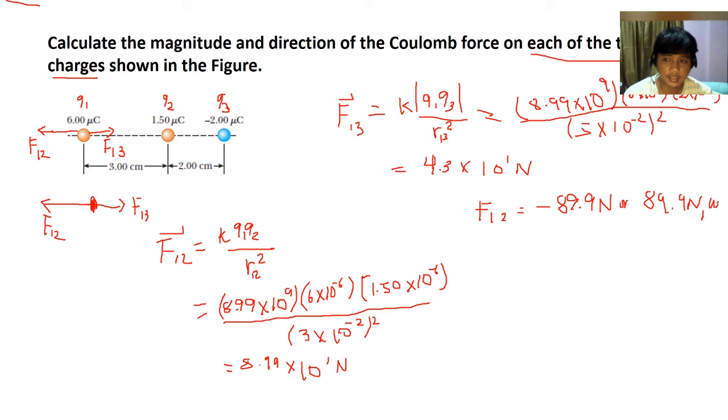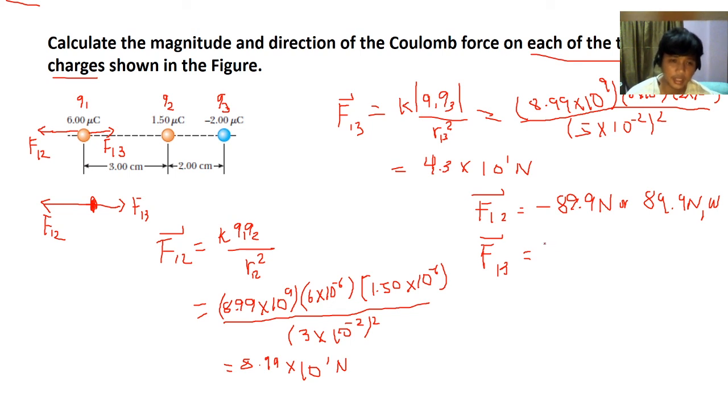I'm going to assign the negative value to F12 and put the arrow there to indicate that it's a vector, because it's pointing to the left. We are assigning any direction to the left as negative, although that can be arbitrary, it's up to you, but in most cases to the left is negative.